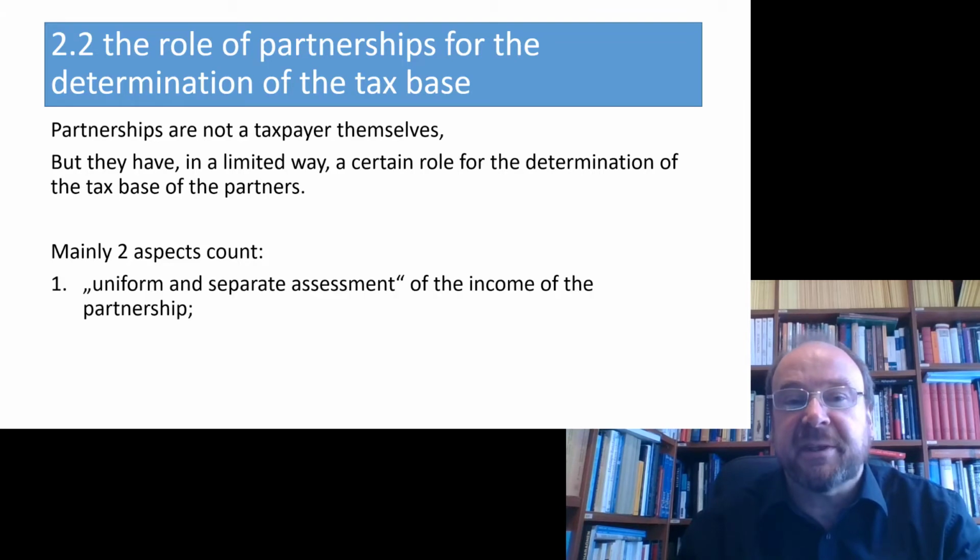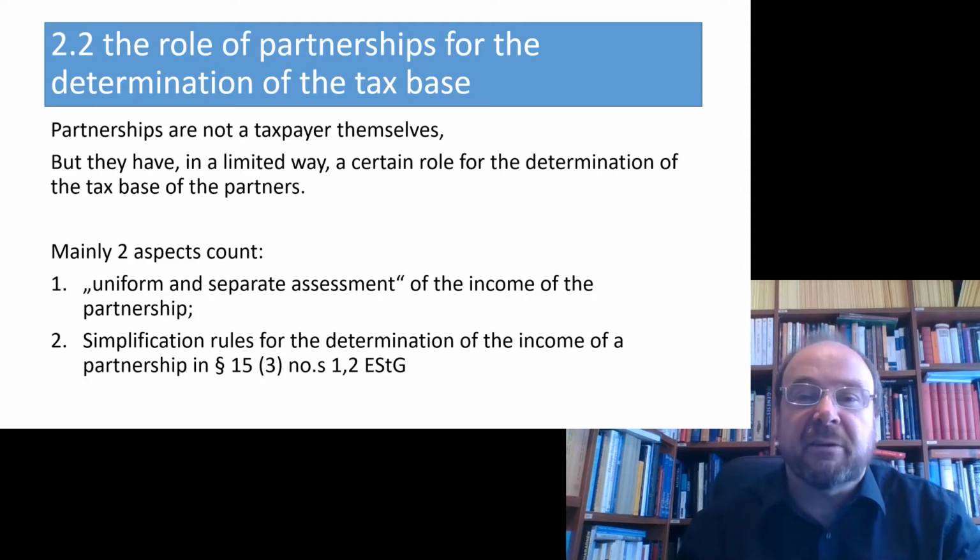The first one is a so-called uniform and separate assessment of the income achieved by the partners from the partnership. And there are some rules to be mentioned, which you already heard about in General Introduction to Tax Law, if I correctly remember. That is, some simplification rules for the determination of the type of income we have to deal with.